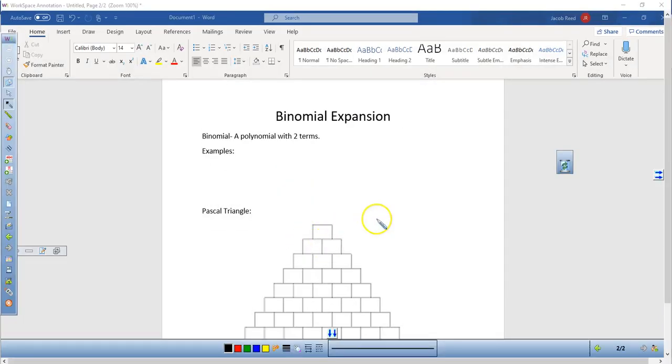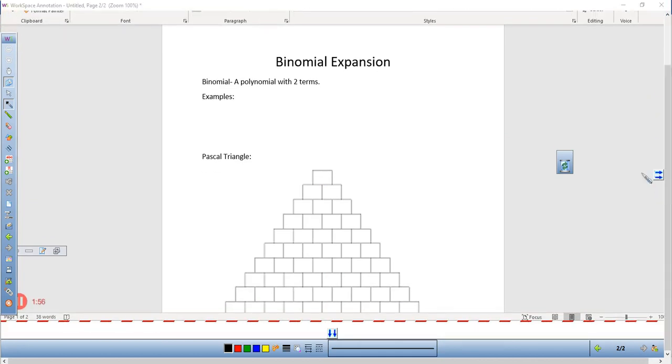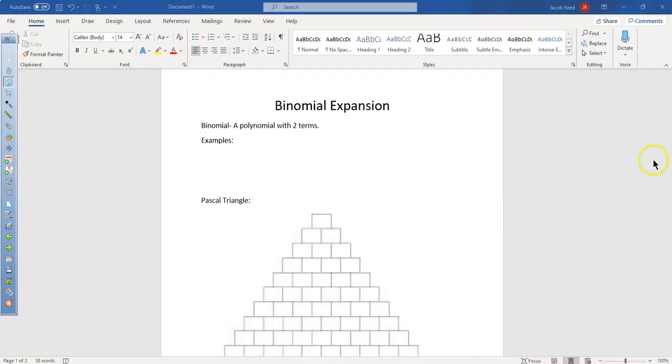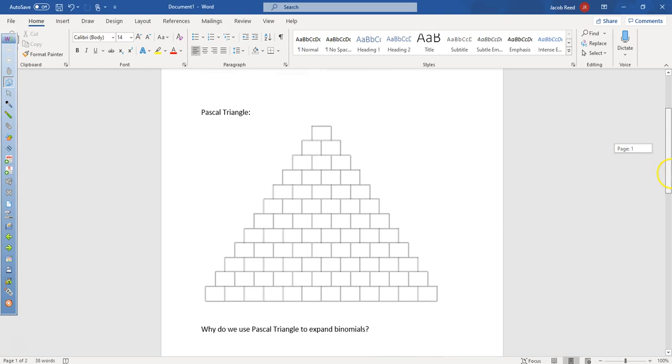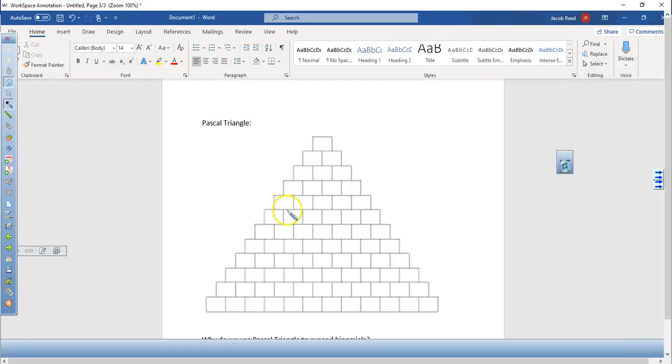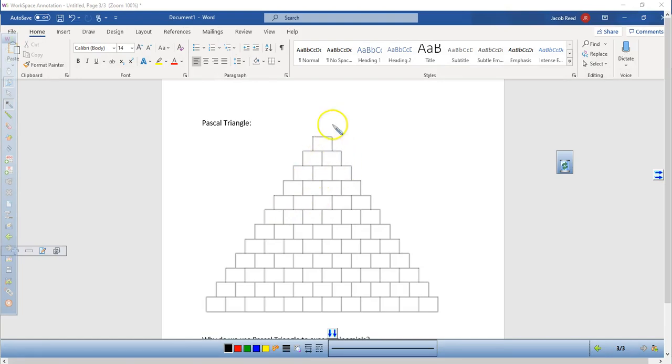Right. Another thing we need to talk about, we talked about this already, let me scroll down first, is we need to talk about Pascal's triangle again to make sure that you understand how to form the triangle. Remember that the very top box is a 1, and every box going down the left-hand side and the right-hand side are all 1s.